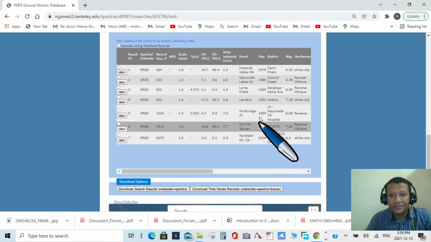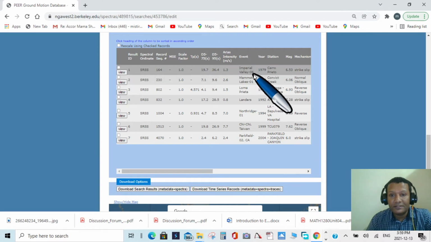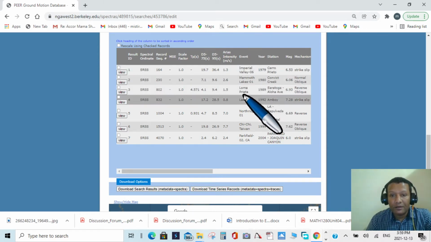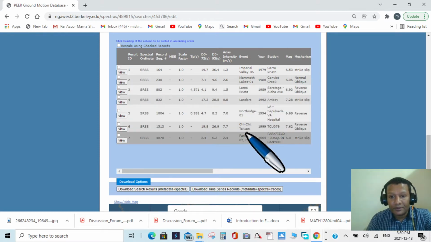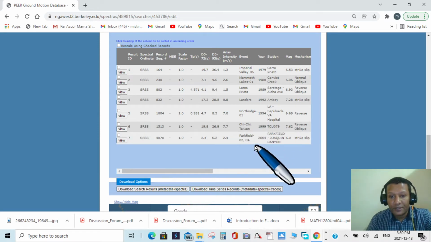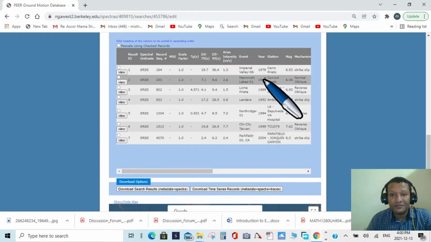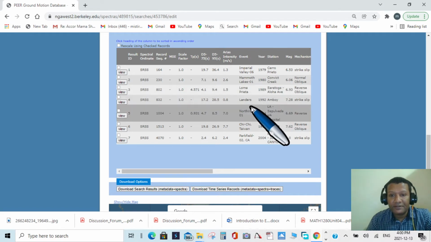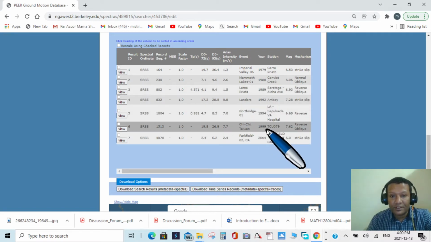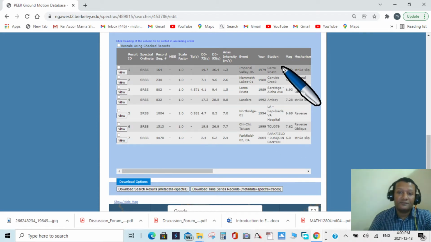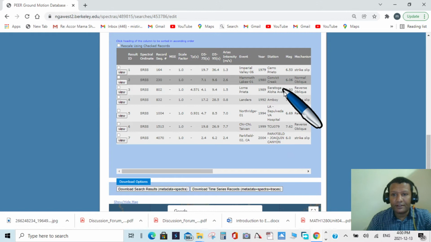This is the event: Imperial Valley-06, Mammoth Lakes-09, Loma Prieta, Landers, Northridge, Chi-Chi Taiwan, Parkfield. All these are earthquakes, and this is the year: 1979, 1980, 1989, 1992, 1994, 1999, 2004. The station is where the earthquake was recorded.